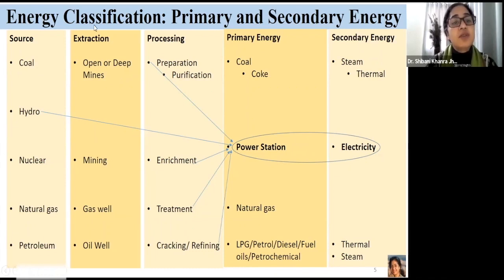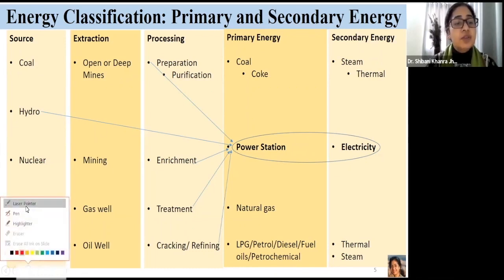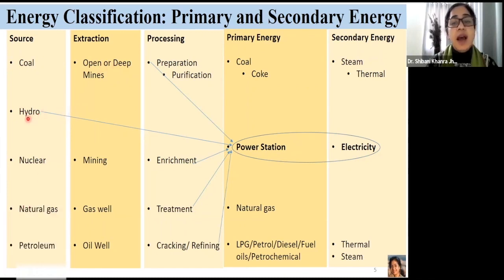For example, as you can see here, let me just show you with the laser pointer. Open and deep mines, then hydro, which is mostly in a power station, generates the electricity, whereas for nuclear, the extraction methodology of mining is used, natural gas from a well, petroleum from an oil well.